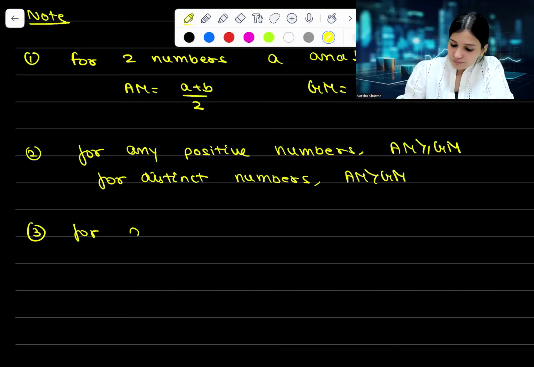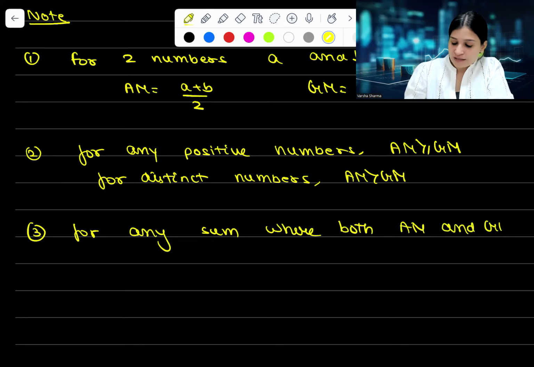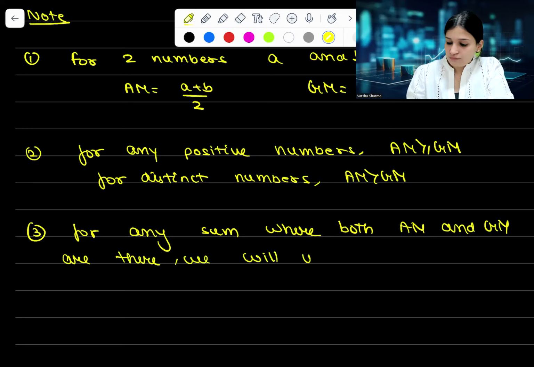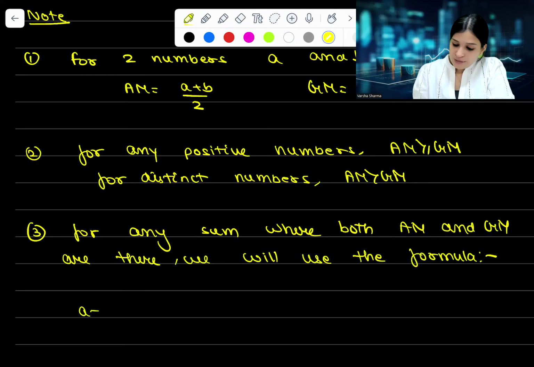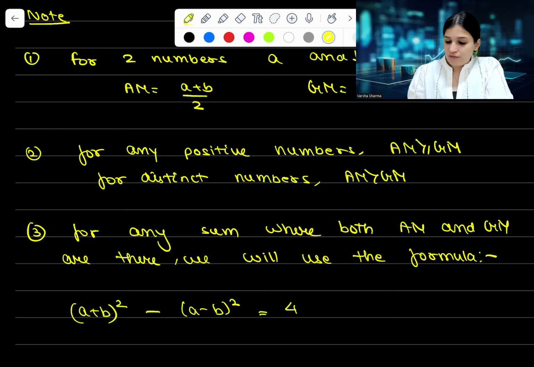Look, where both AM and GM are there, we will use the formula: A plus B whole square minus A minus B whole square equals 4AB.